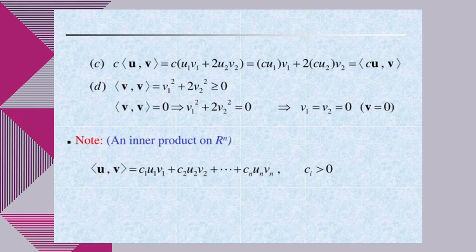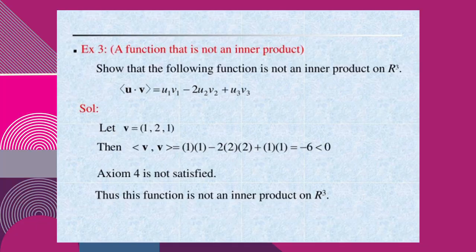Since all four rules check out, this new formula is confirmed as a valid inner product on R2. In fact, we can make a whole family of similar inner products using the positive constants c1, c2, up to cn, as long as every constant used is a positive number.